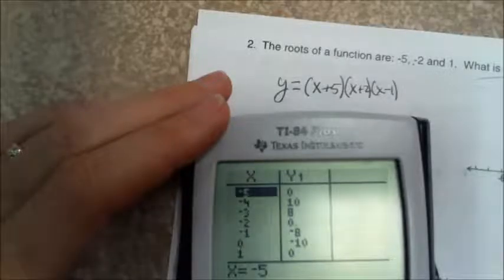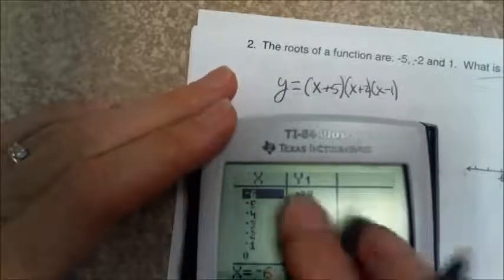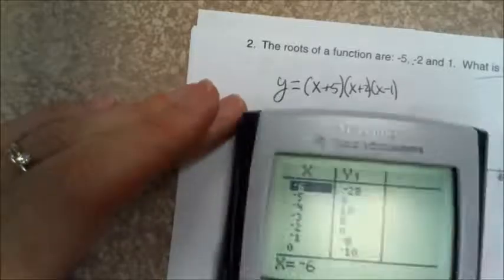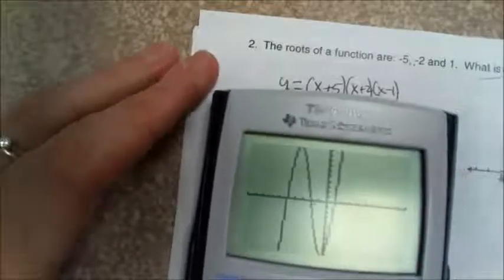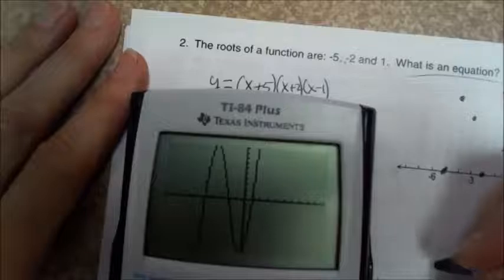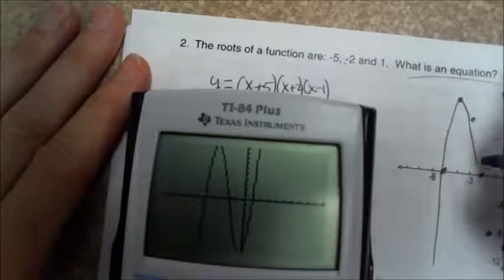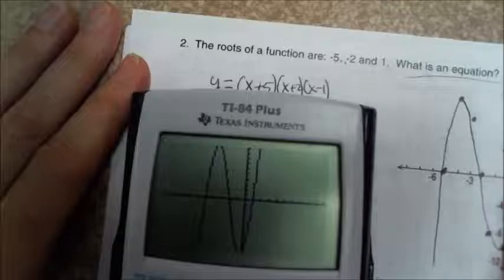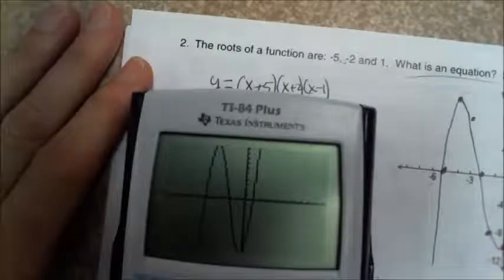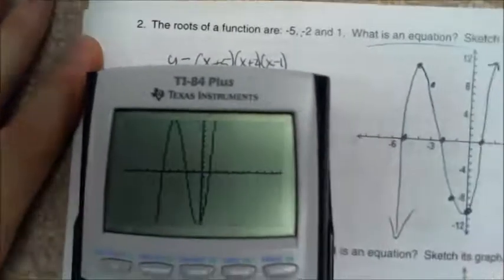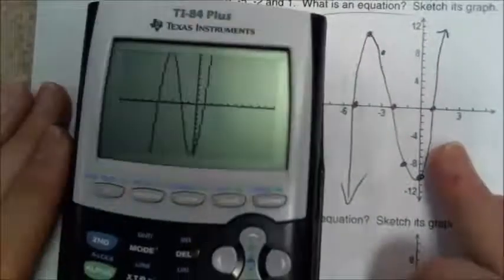And anything else interesting? Negative 5, 0, we knew that. Negative 6, negative 28, too far. So we can just connect those points with the letter N. Down and up. There's our letter N. It's beautiful, huh?